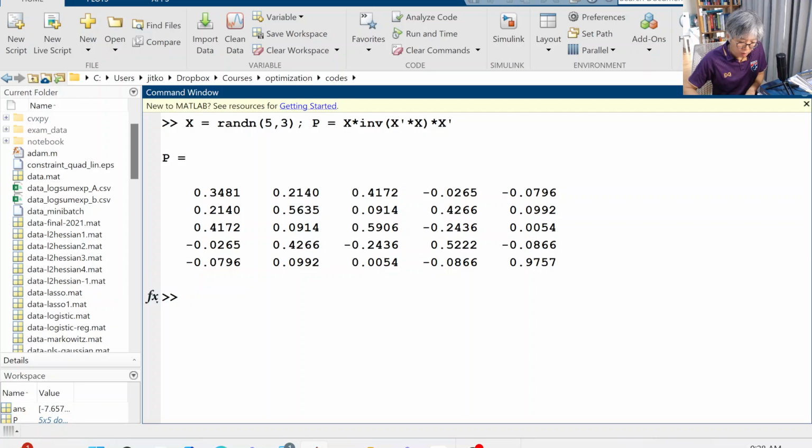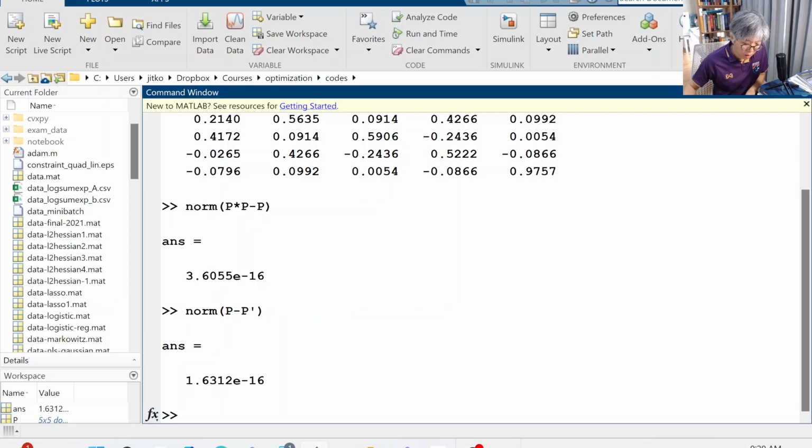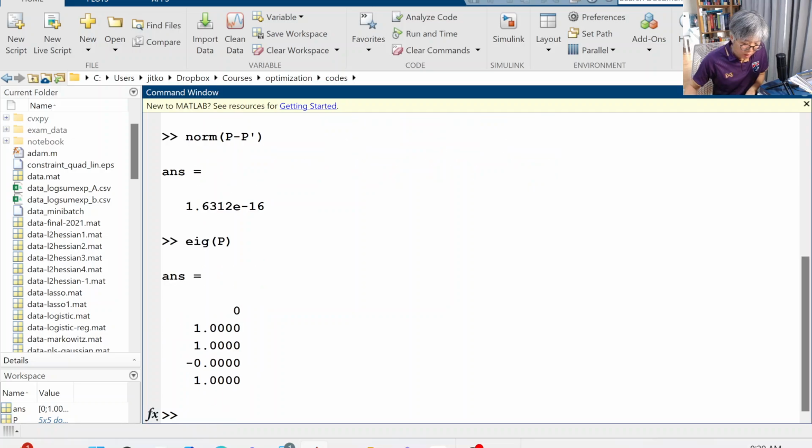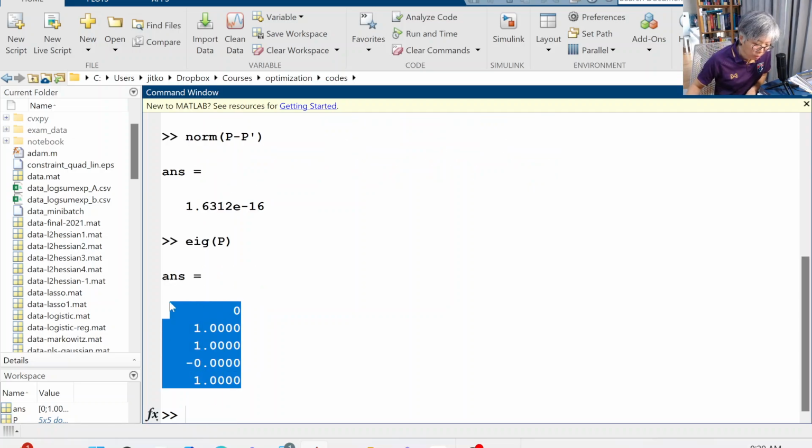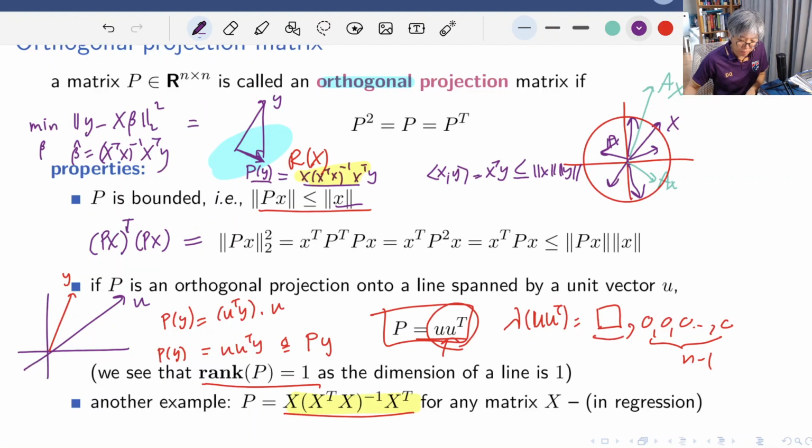First, P times P. I check with the norm that P squared equals P, so I use the norm to calculate the distance. Very small. What about P and P transpose? Yes, P equals P transpose. What else? The eigenvalues of P are either 0 or 1, because it's a projection matrix.